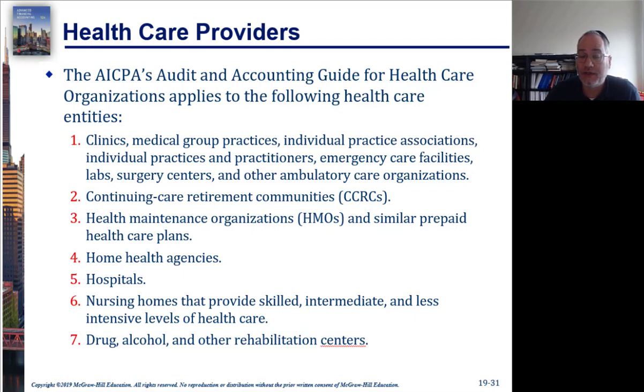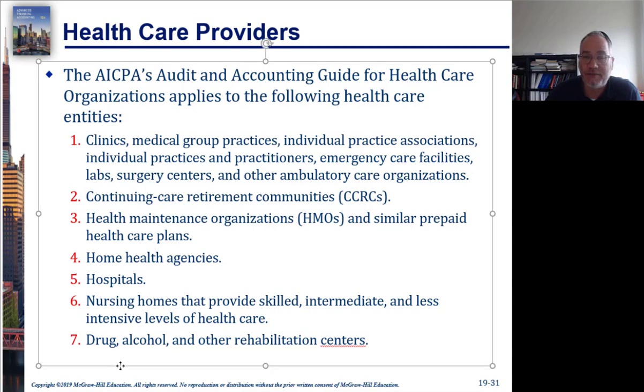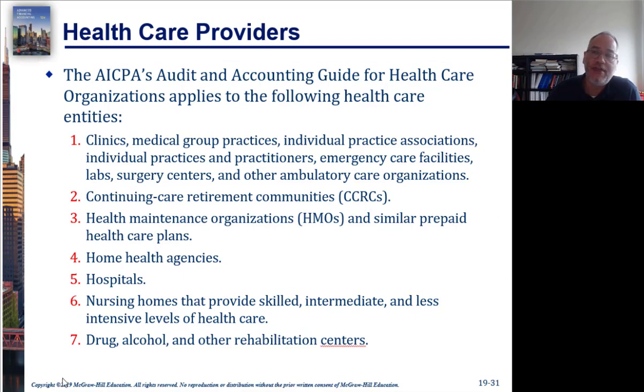Continuing care retirement communities, health maintenance organizations, home health agencies, hospitals, nursing homes, drug and alcohol rehab centers, and so on, provided that they're not for profit. If they're for profit, they may sometimes draw on these rules when the FASB is silent, but they're mainly going to just use regular FASB accounting.